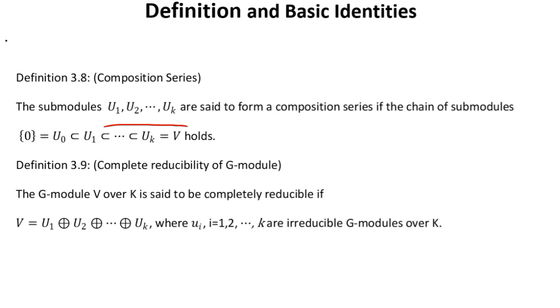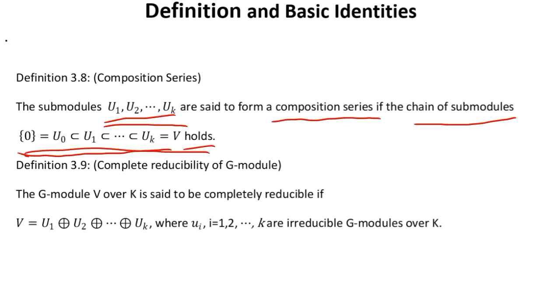So we have submodules U1 to UK that are said to form a composition series if this chain holds, see how it is represented. Once you have this chain, we say a composition series is formed by the submodules U1, U2, all the way to UK, with U0 the same as 0, so it still makes sense.